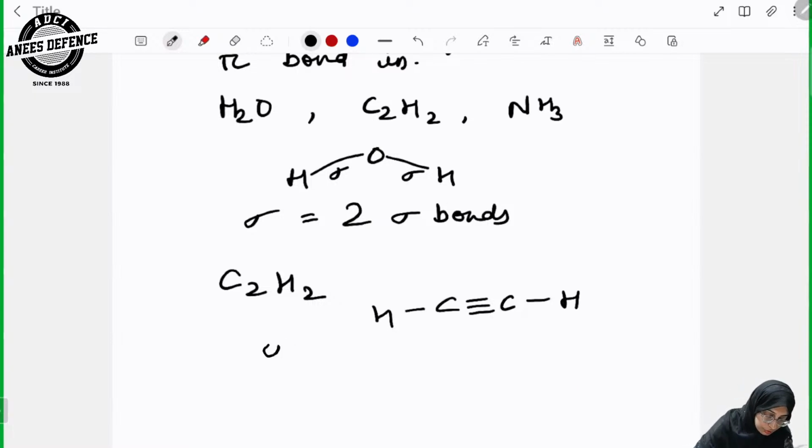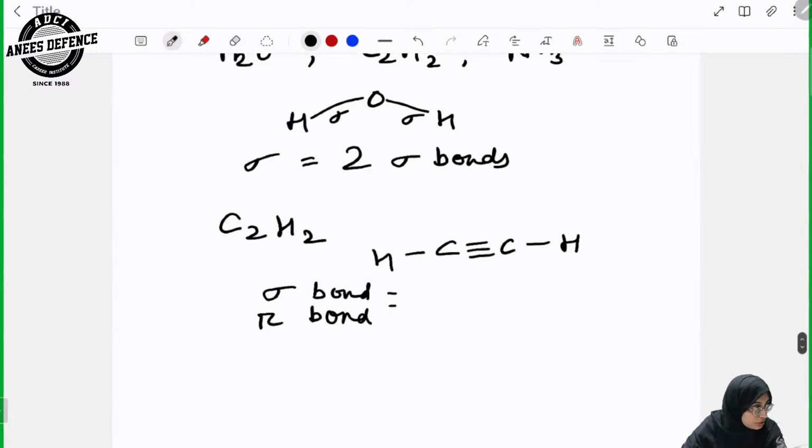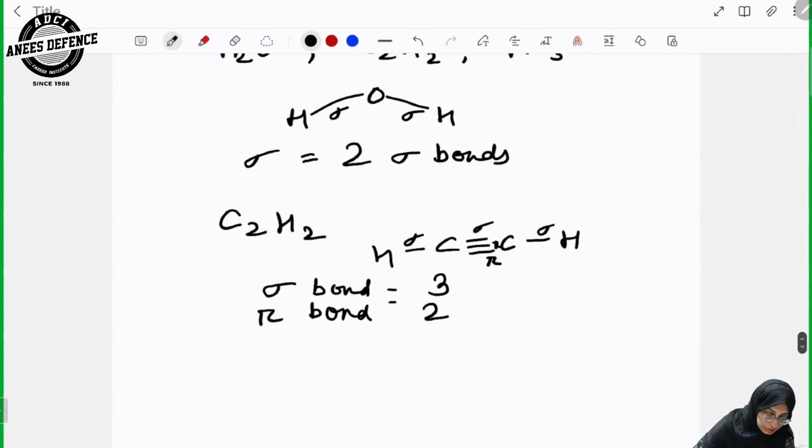Now calculate the number of sigma bonds and pi bonds. First, the sigma bonds: 1, 2, 3. Three sigma bonds. Pi bonds: 1 and 2. Two pi bonds. This way you can answer the question.